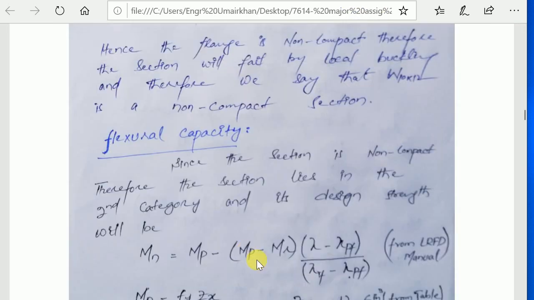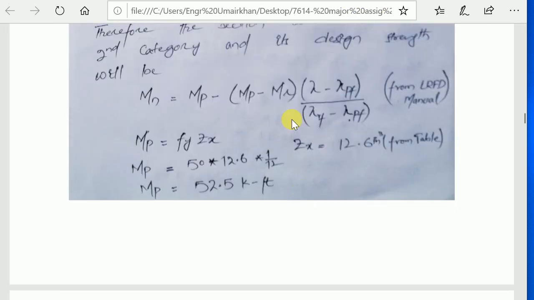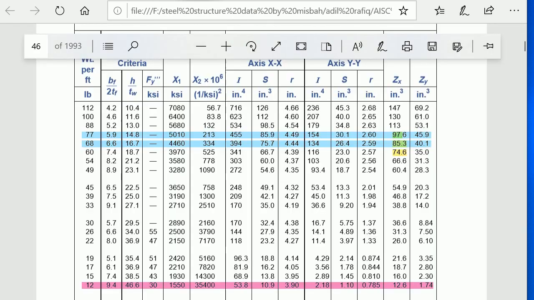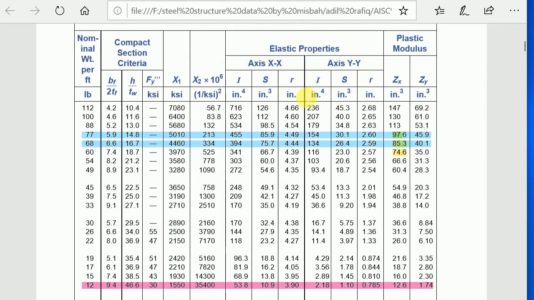Basically Mp is equal to Zx times Fy. You have to choose your Zx from the table. Let me show you the table. This one is Zx, and here you have the section. Zx is 12.6, and we also have to use Sx, the elastic section modulus, which is 10.9.